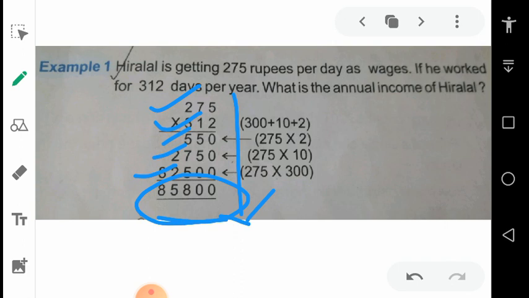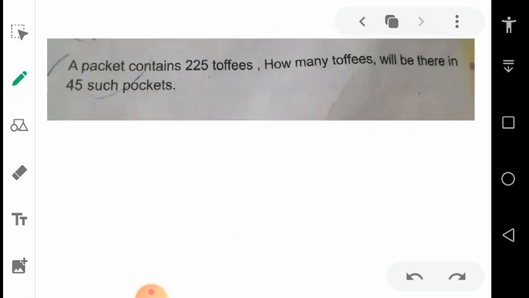So for Hira Lal, if he worked for 312 days, his total salary or the wages will be 85,800. So in this way we will solve the questions.